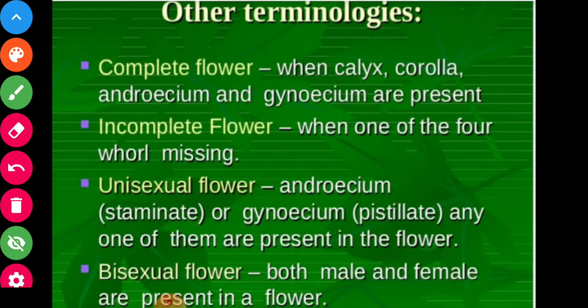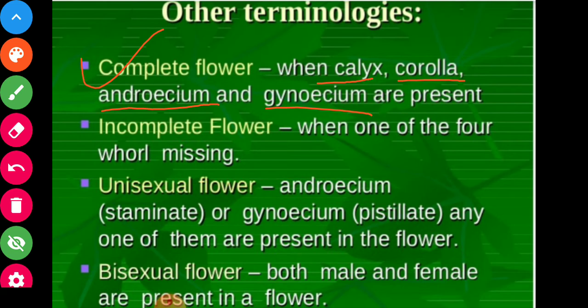The terminology that is used to describe a flower is as follows. A complete flower is that which has calyx, corolla, androecium, and gynoecium. When all the members of a flower are present in a single flower, that is called complete flower.